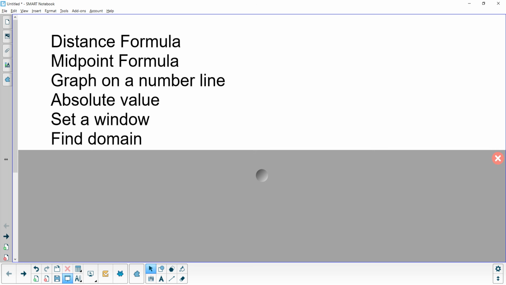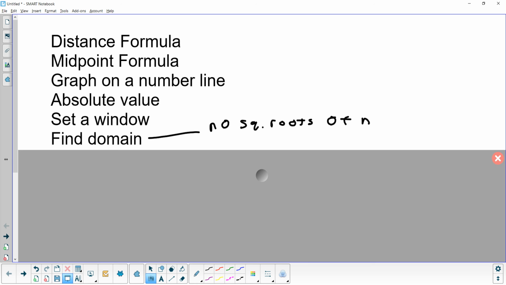Finding the domain. Remember, there are 2 things you want to be careful of. You want to have no square roots of negatives. So something like this: I'm not saying you can't let x be negative.